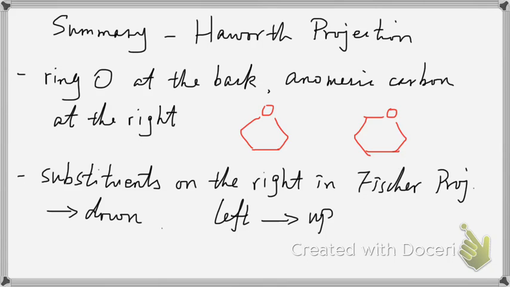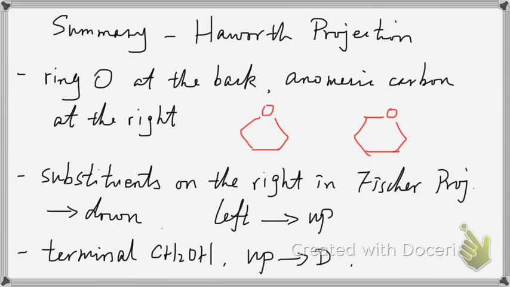On the left in the Fischer projection, they will be pointing up in the Haworth projection. And for the terminal CH2OH, I don't know if you have noticed so far, we used all D sugars as examples, and we found that the terminal CH2OH after the bond rotation will always be pointing up.